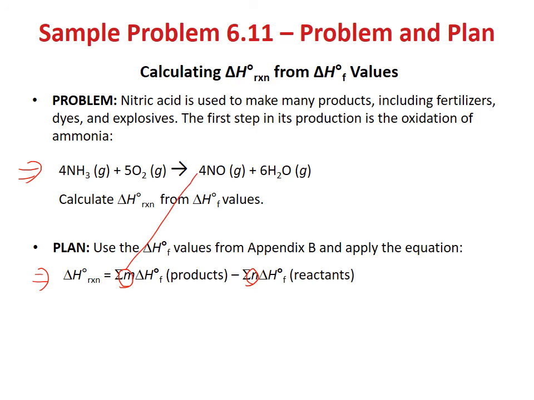So m represents 4 and 6, which means you use 4 multiplied by the standard formation enthalpy of nitrogen monoxide plus 6 times the standard formation enthalpy of water, and then minus n, which represents the coefficients of the reactants. So minus 4 multiplied by the standard formation enthalpy of ammonia minus 5 times the standard formation enthalpy of oxygen.